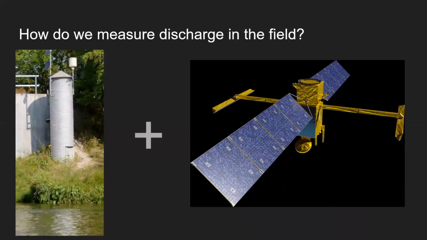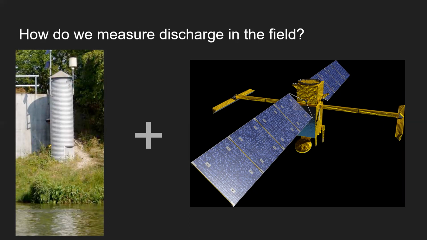So in the field, you can use these gauges that we mentioned. We have a photo here on the left. Usually we use gauge height as a way to infer discharge. But now in the satellite age, we're about to be able to leverage remote sensing applications to help compute river discharge.